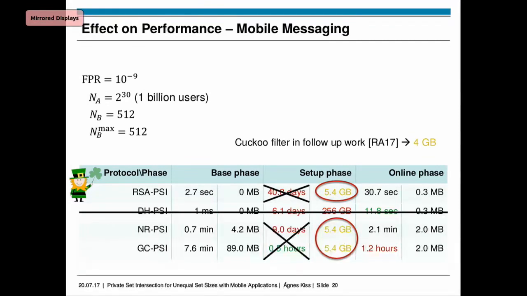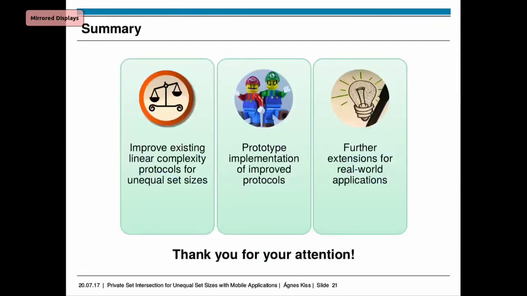So they managed to go down to around 4 gigabytes instead of 5.4. So that gives us some hope. Maybe it can get better for this scenario as well. But here the best would be to use RSA PSI in any case, if we are allowed to store this amount of data, because that's the most efficient solution.